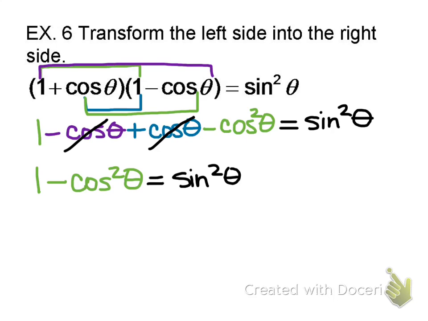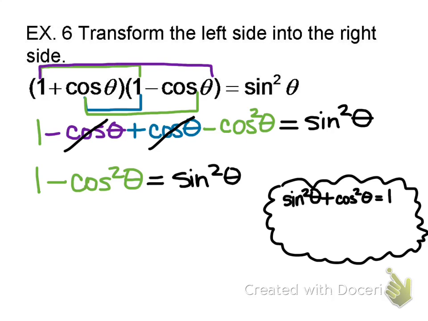So earlier in this section, we learned that sine squared plus cosine squared equals 1. I can manipulate this equation and move things around in it, and it's still a valid identity. So if I get sine squared by itself, I would have to subtract cosine squared on both sides.